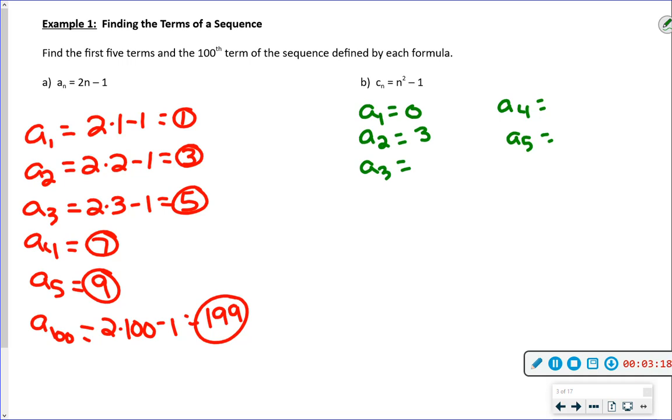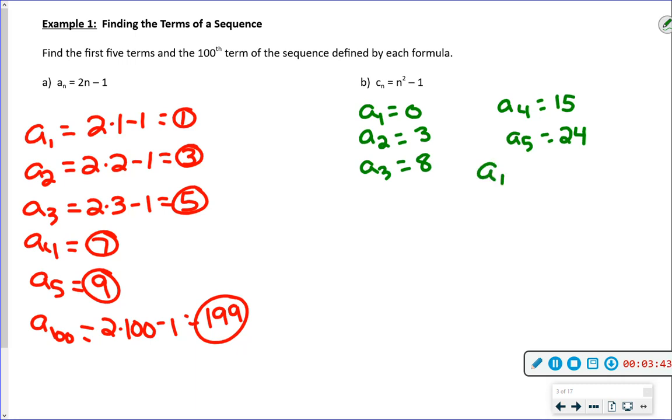What's your third term? What's your fourth term? 15. And then your fifth term, 24. So unfortunately on this one, there was no consistent pattern between the terms, like over here where you were adding 2. So you do have to plug in the value for n each time.